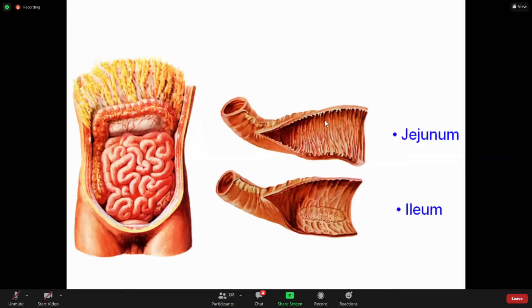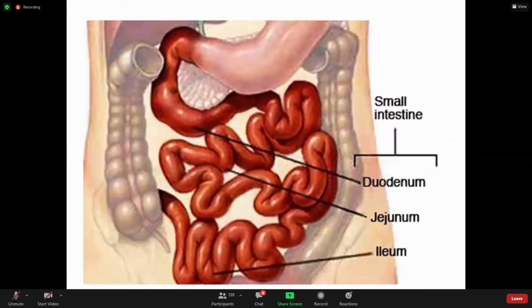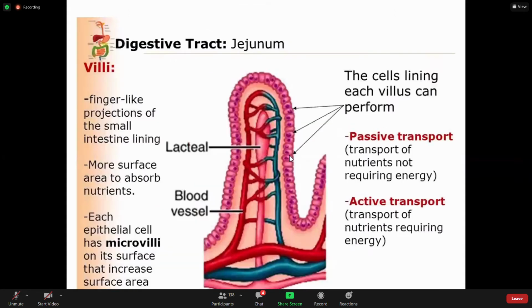So the circular fold, the permanent circular fold, which I showed you in the very beginning, the introductory picture over here. This plica circularis, which is nothing but the permanent fold of your mucosal wall, is present in both the areas.